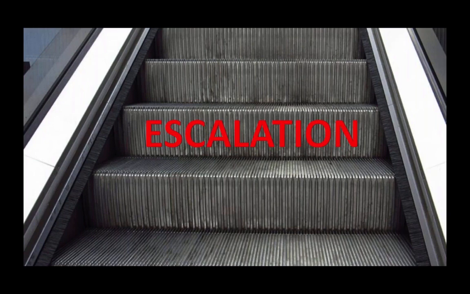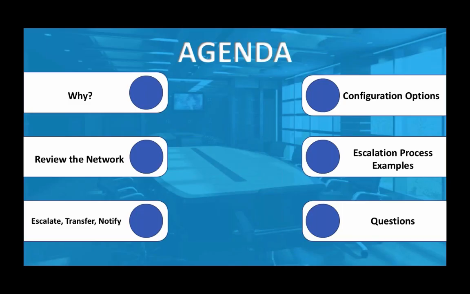Escalation. All right, let's take a look at what's on our agenda. So first, following the steps of Simon Sinek, we'll want to start with the why behind escalation in KaiNexus. After that, we'll dive into KaiNexus and do a quick review of the network. From there, we will go over the difference between escalate, transfer, and notify on an improvement.